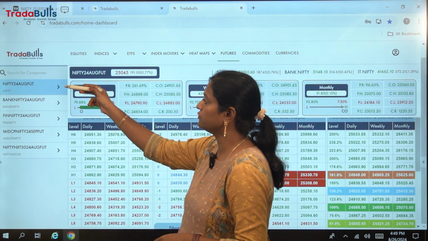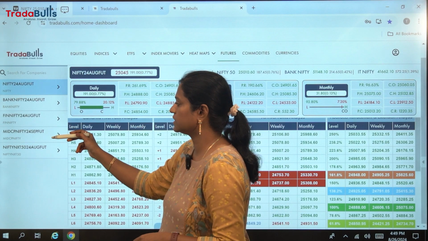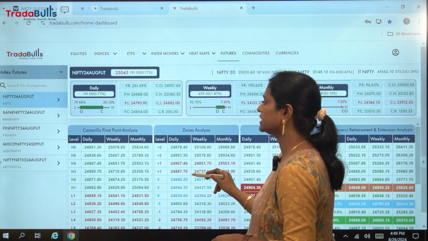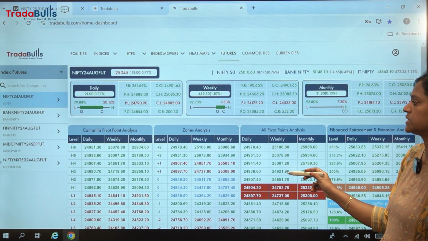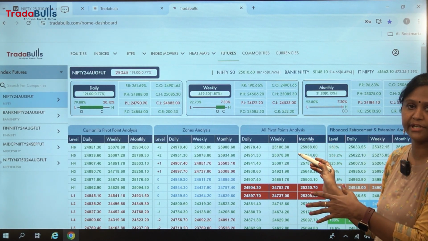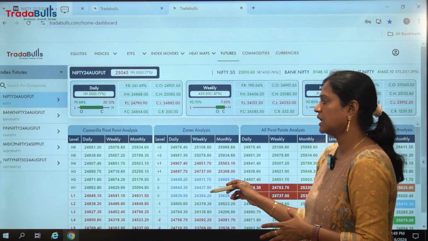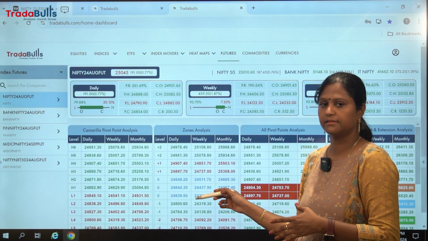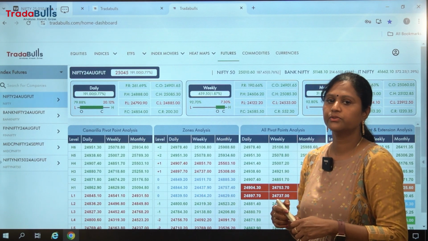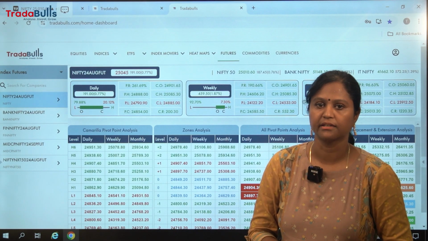Nifty future, Bank Nifty future, Midcap Nifty future, Next 50 future. Here also you can see the different sections and analysis types. Here we are showing only the trader view. In this trader view you can see the different analysis types, and in each analysis type you have the data points. Based on these data points you can take a decision accordingly, and do your trading on the basis of the decision you are taking.